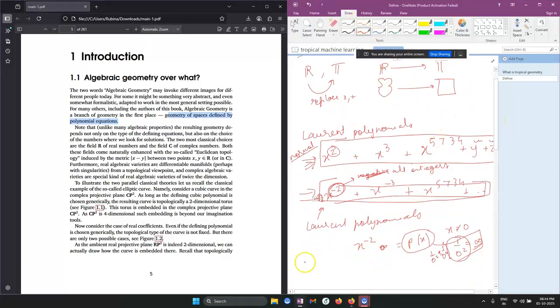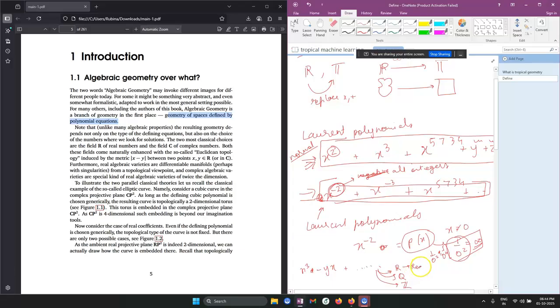So in fields like cryptography, if we have some sort of polynomial, x cubed plus, what is the general form of an elliptic curve? Minus yx plus something like that. Okay? There are different ways to approach this. We can either look for all real solutions, we can look for all rational solutions, or we can look for all integer solutions, integral solutions.